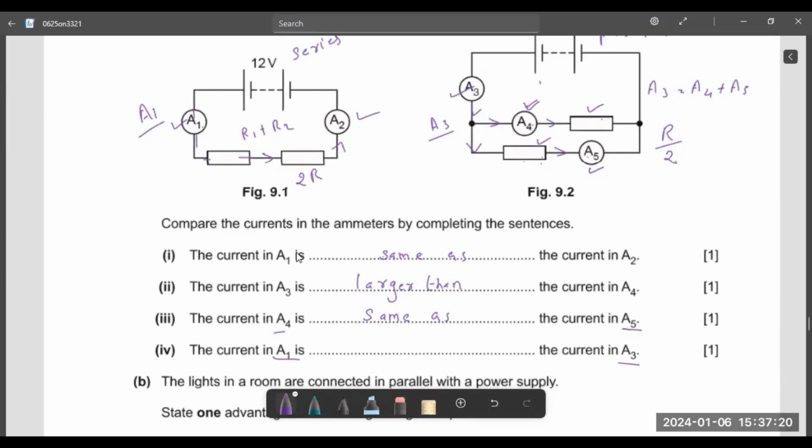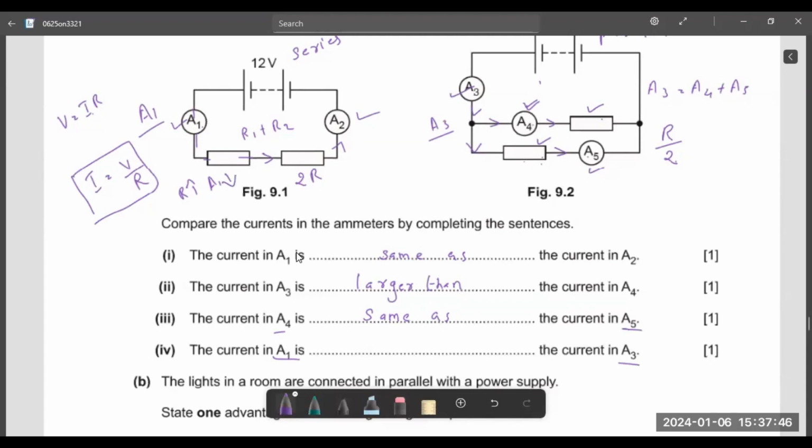So here the resistance value is more, and more resistance means less current. By Ohm's law, V is equal to IR, so I is equal to V by R. As the resistance increases, current decreases.